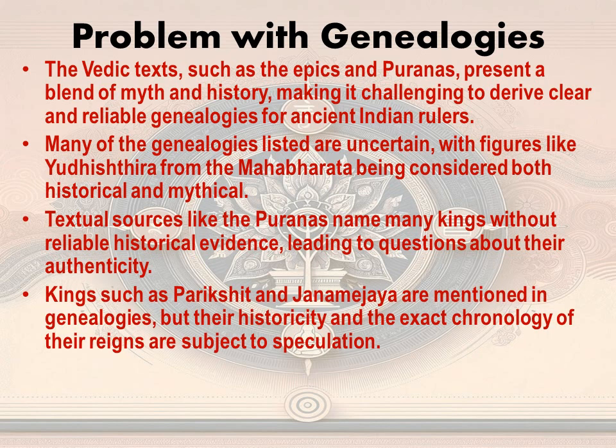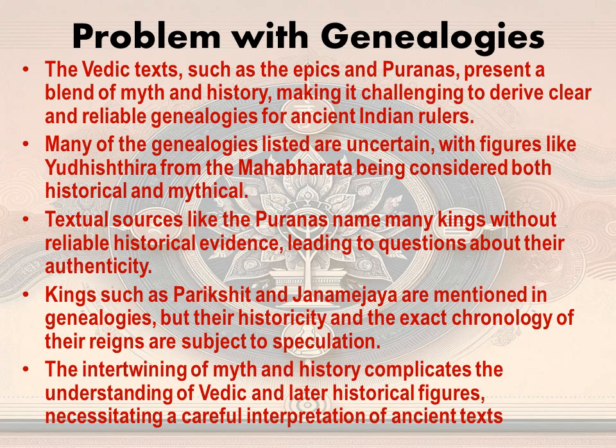Kings like Parikshit and Janmejaya are mentioned in genealogies, but their historicity and the exact chronology of their reigns are subject to speculation. So when they reigned, when they were in power, it is very difficult to establish because exact chronology cannot be established from the epics.